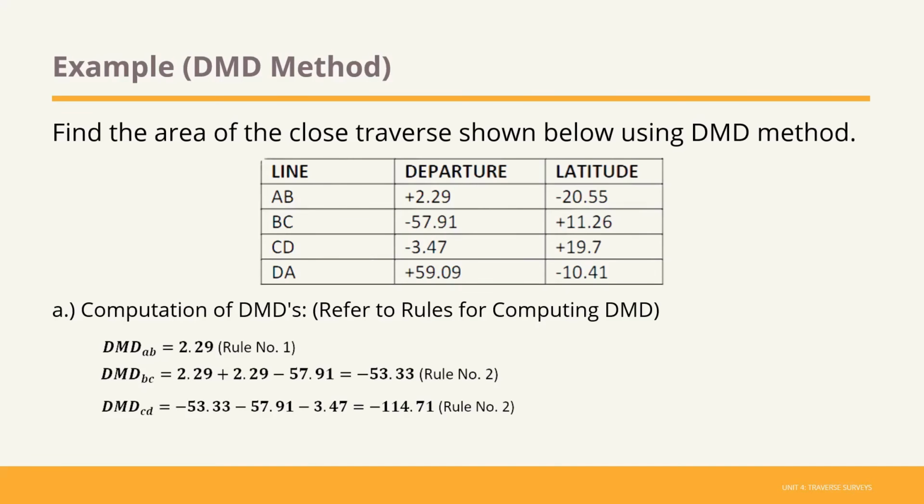Adding it all up, we have the DMD at line CD equal to negative 114.71.